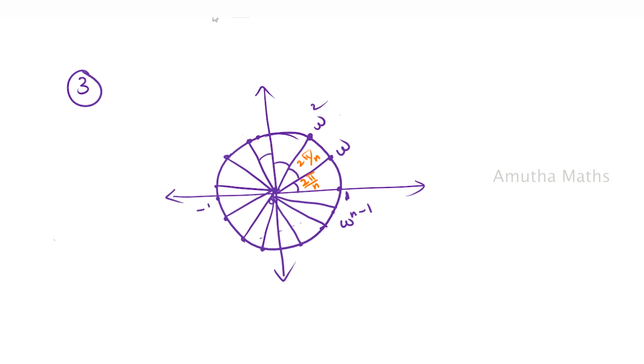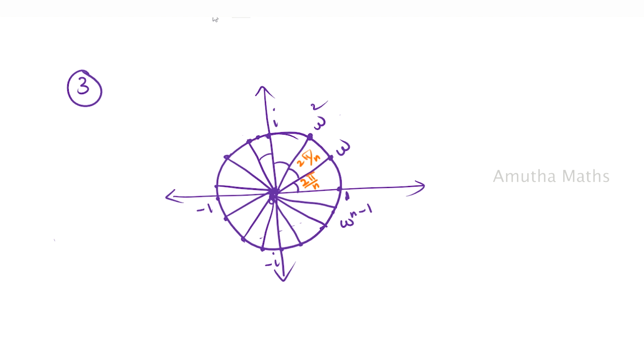Okay, this will be minus 1 and this will be I and this will be minus I. So all the n roots of unity lie on the circumference of the circle whose center is at the origin. Center எங்க இருக்கு? இதோட center is at the origin. Okay. And radius is equal to 1. So these roots divide the circle into n equal parts, right, and form a polygon of n sides.